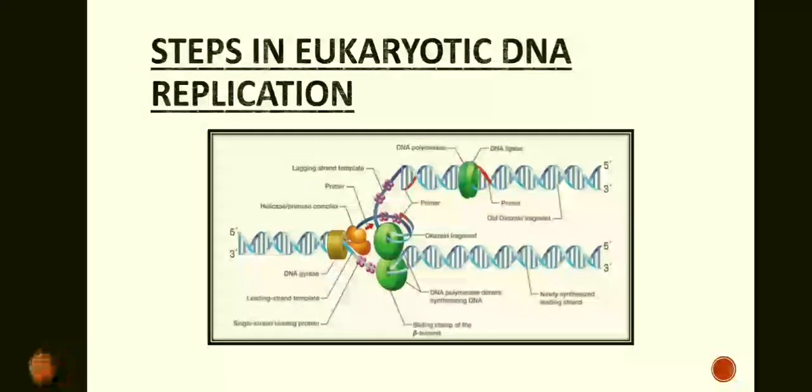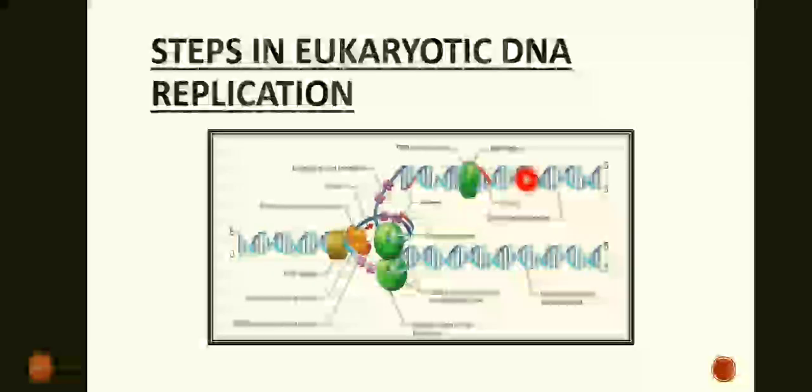Now, the steps in eukaryotic DNA replication. This figure shows the process of eukaryotic DNA replication. Replication of each linear DNA molecule in the chromosome starts at many origins, on every 30 to 300 kilobase pairs of DNA, depending upon the species and tissues, and proceeds bidirectionally from each origin.